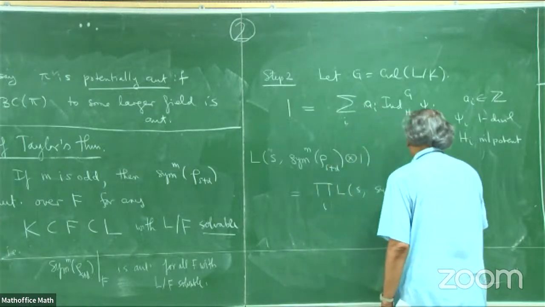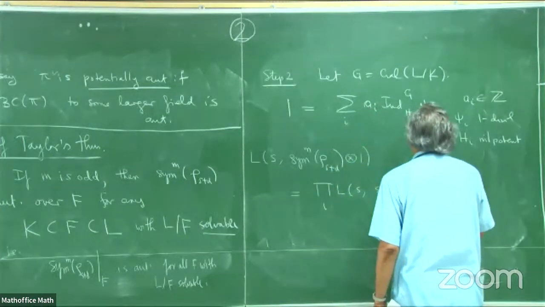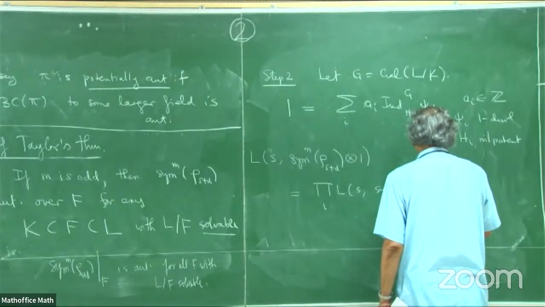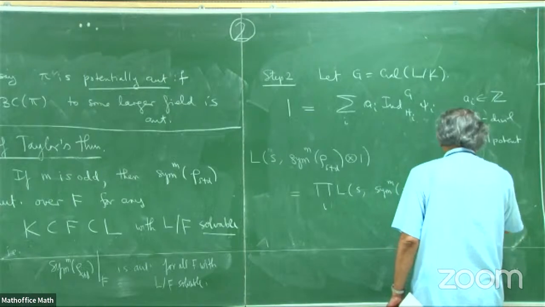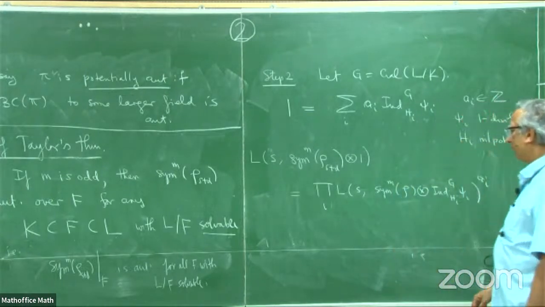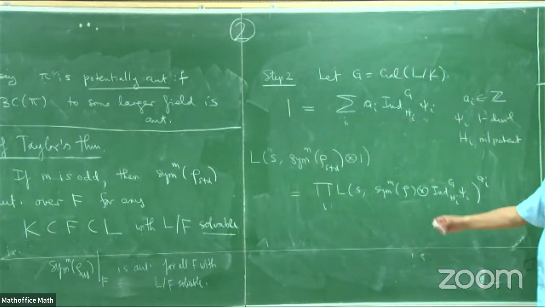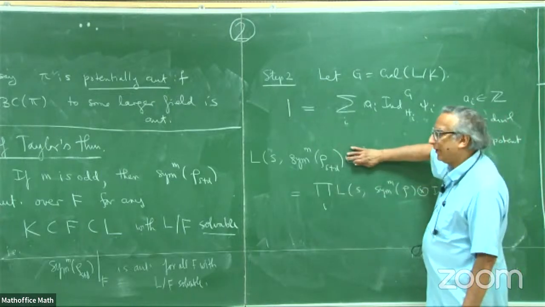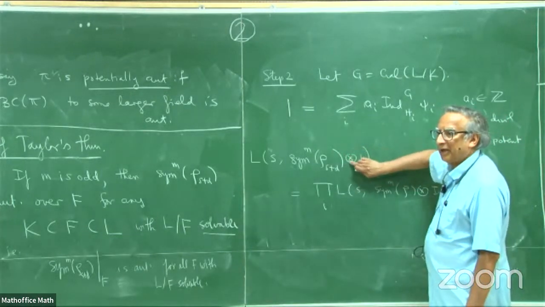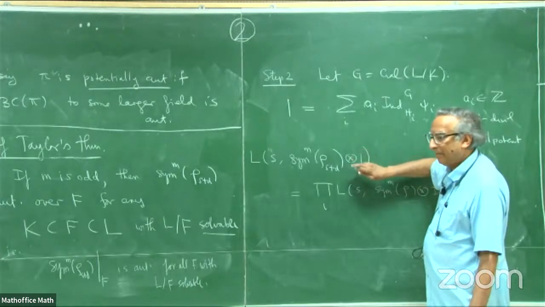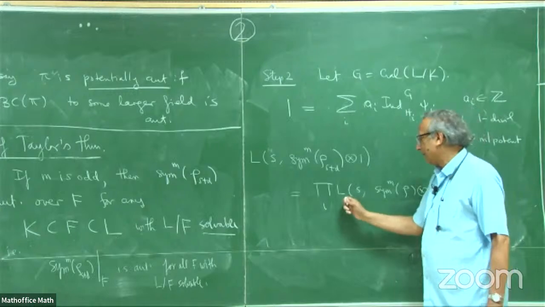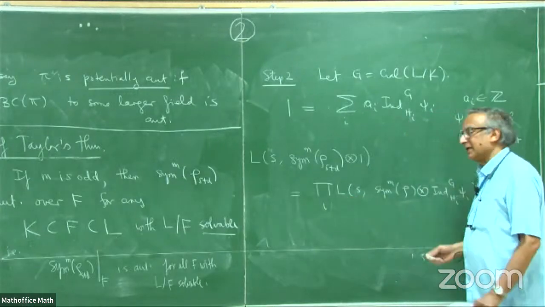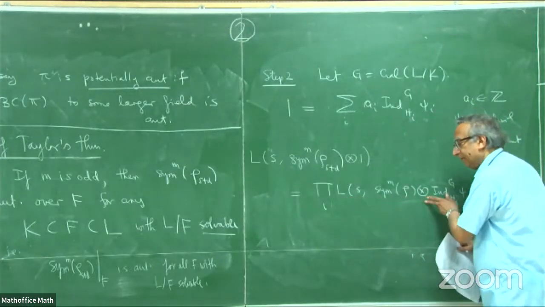I'll just write rho for now on. So this is an interesting trick, isn't it? This is what you want to get your hands on. You tensor it with 1, which is the same thing, and then write your 1 as a linear combination of these things. And then because of the properties of L functions, you can write this as a product.